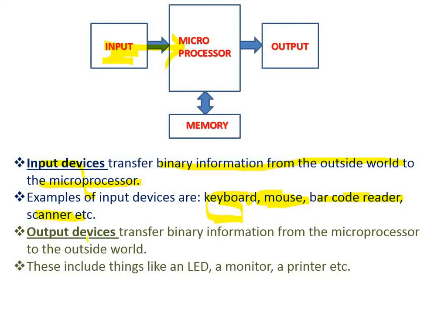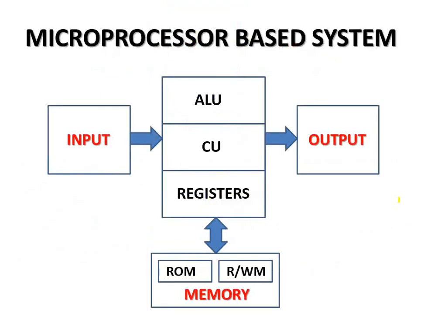Output devices transfer the binary information from the microprocessor to the outside world. Whatever data has been processed gets transferred through output devices. Output devices are like LED displays, monitors, and printers.